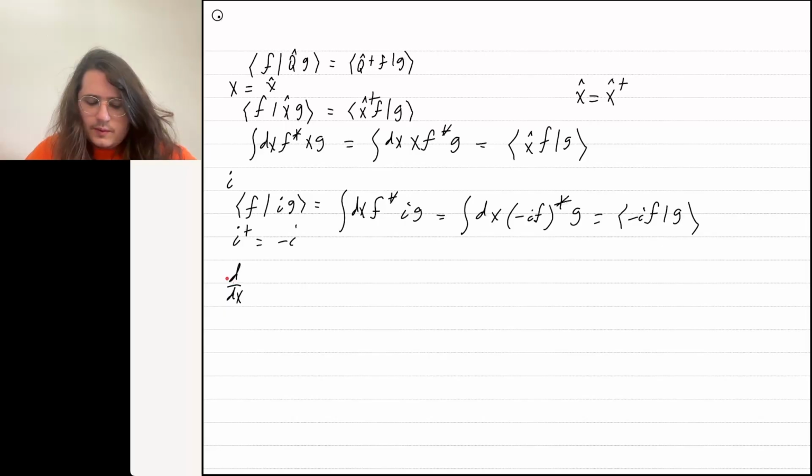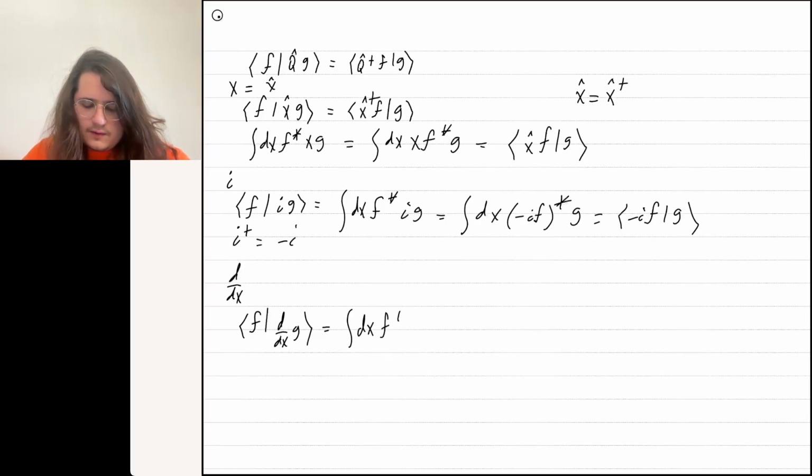Then finally, we need to find the Hermitian conjugate of d dx. This is an interesting one, actually. So again, we'll set it up. The inner product of f with d dx g, if we write it in integral notation, is the integral dx f star dg dx, right?